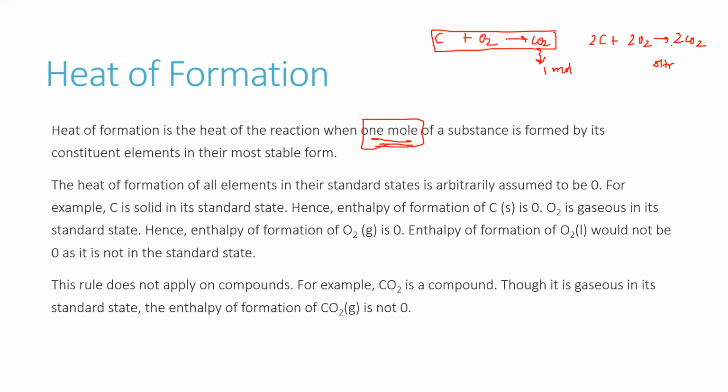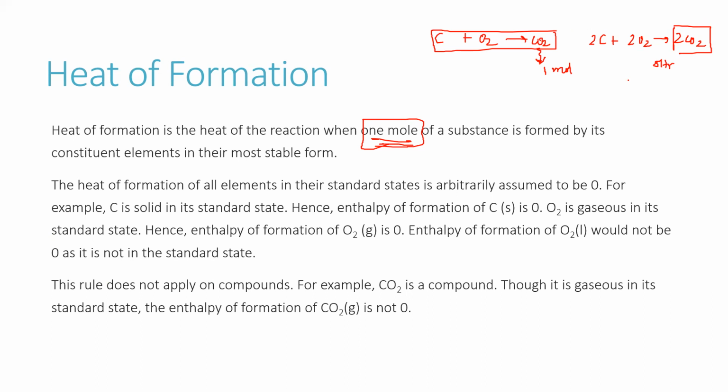So if a particular reaction is taking place where 1 mole of a particular substance is being formed, then that heat of the reaction is the heat of formation of that substance. In such a reaction, you will have only one product, and that product will have only 1 mole being formed. In that case, the heat of the reaction is going to be heat of formation.